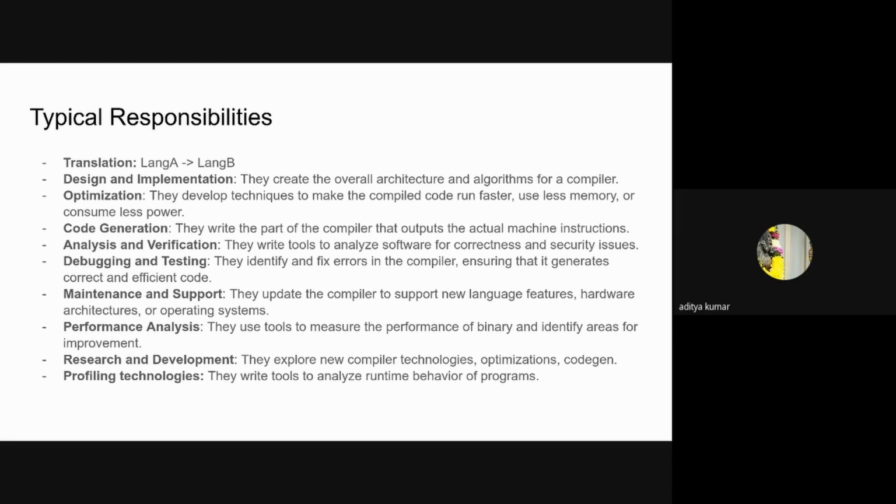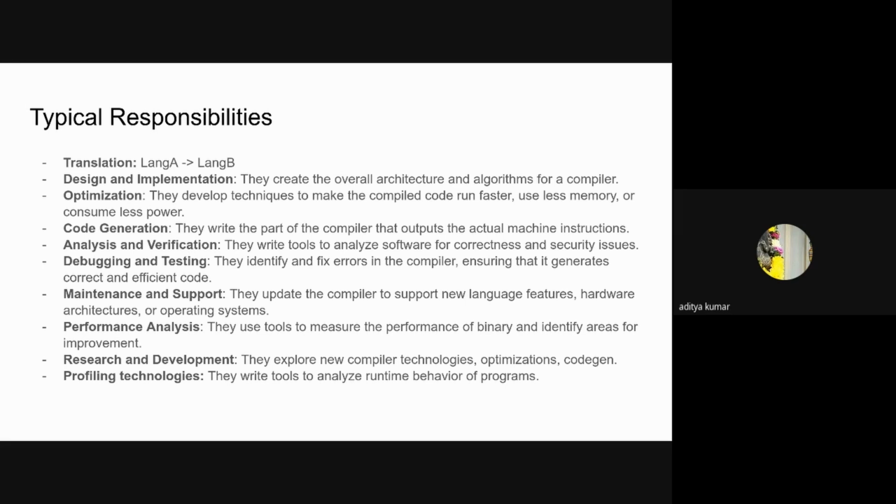Typical responsibilities. This is a boring but very important slide for people who are looking for jobs and trying to figure out what is out there. First, what a compiler does is take a language and translate it to another language. At a very broad level, that is what a compiler does. The other part is design and implementation.